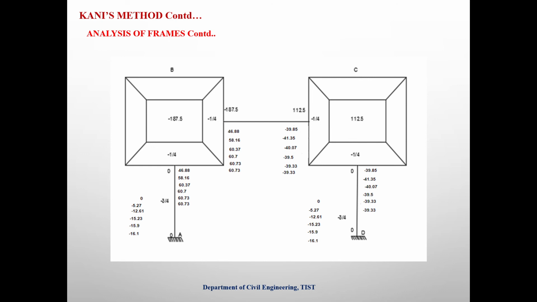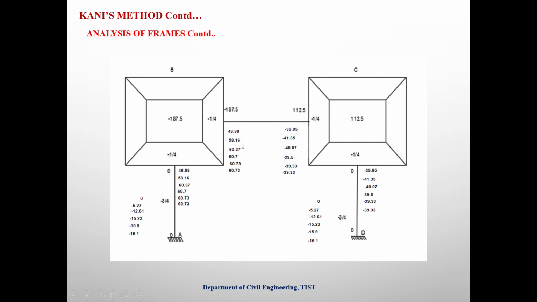That means the sum of the rotation contributions, 0 plus 46.88 plus 0 minus 39.85, into minus 3 by 4 will be here. Then in the case of rotation contribution, minus 187.5 plus 0 minus 39.5 minus 5.27, that value into minus 1 by 4 will be the second cycle value here and here.